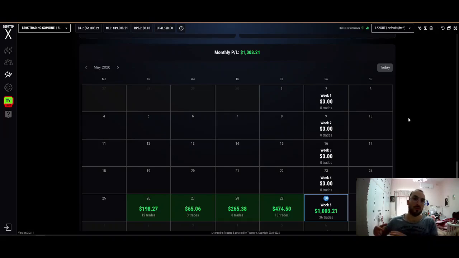Now, if you go to the other extreme, there is the mechanical approach. So the mechanical approach is simply following a set of rules. You enter here, you exit here, and you basically trade completely like a robot. Now, with all of the stuff I learned from the YouTube videos, from the ICT stuff, from the discords that I've been in, I've created a new system that is a combination of both a discretionary approach and a mechanical approach to trading Nasdaq.